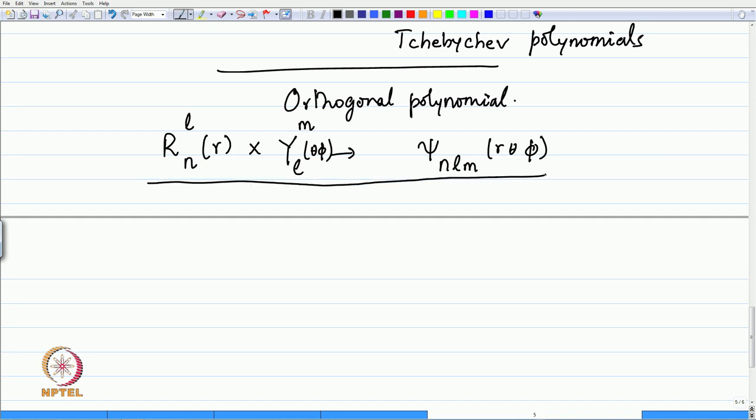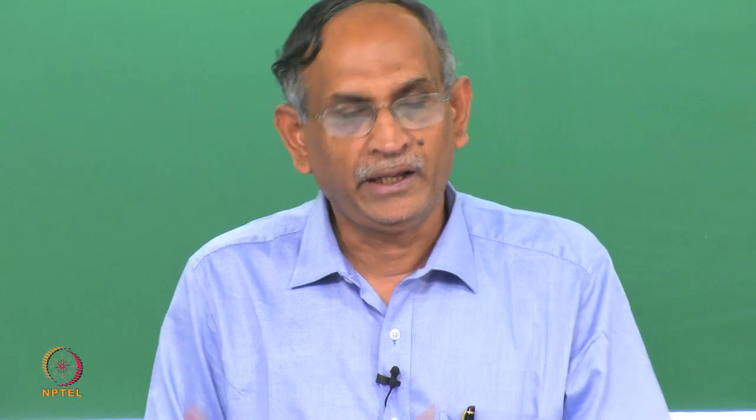I am not going to describe how to obtain this radial and the angular parts, but in the next part of this lecture I shall describe the forms of the radial parts and the angular part, and we will see some pictures for the angular parts, which are popularly known as the representations of the atomic orbitals.